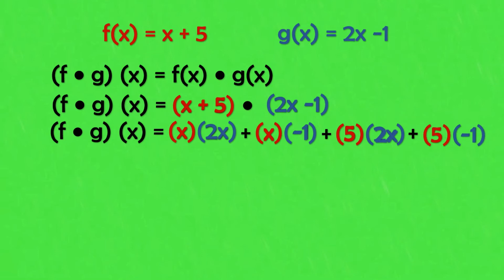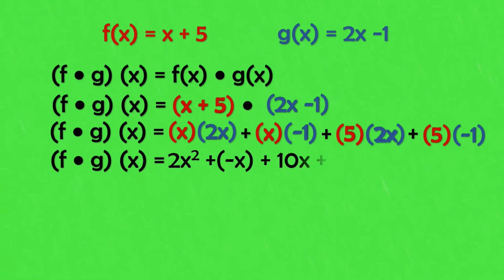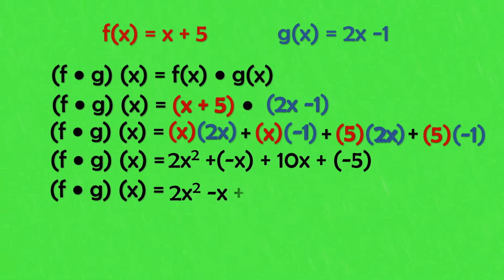So we have f times g of x equals 2x squared plus negative x plus 10x plus negative 5. F times g of x equals 2x squared minus x plus 10x minus 5.